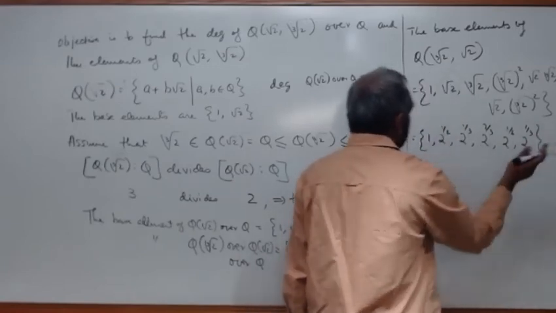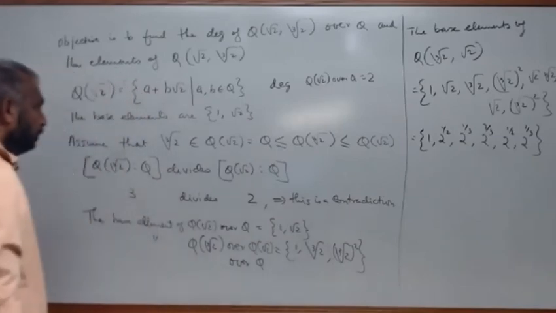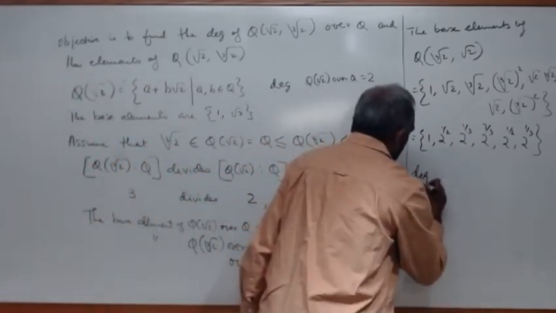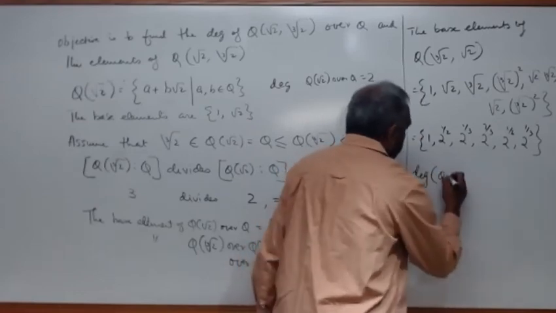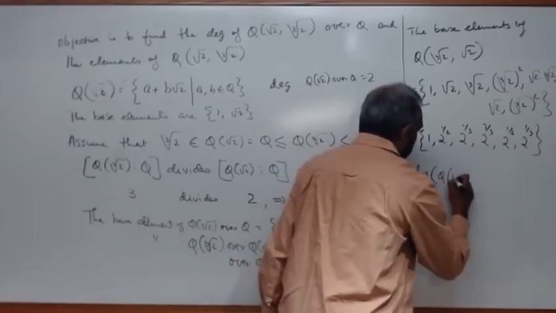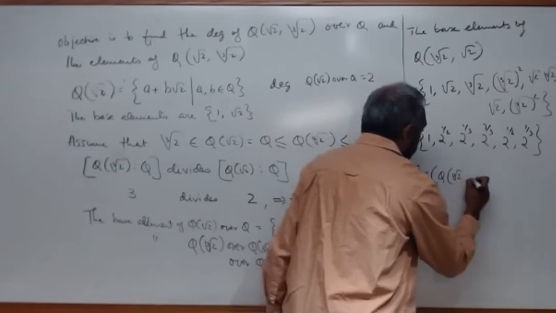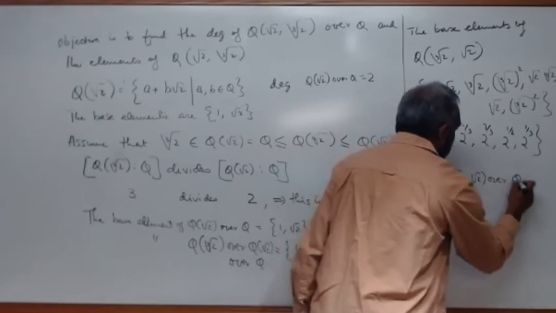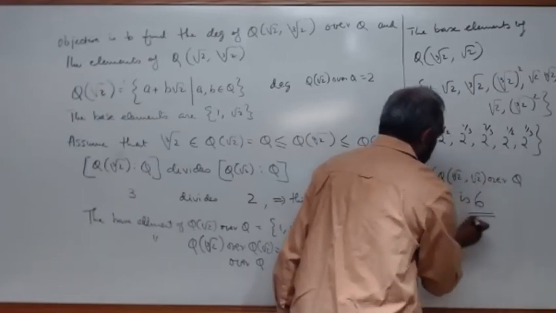And the degree of Q(∛2, √2) over Q is 6.